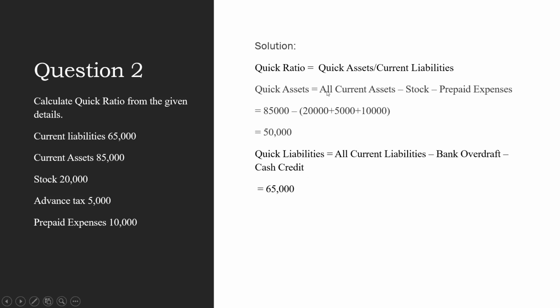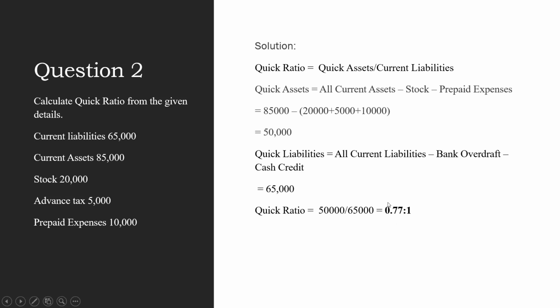Now we have the value of quick assets and the current liabilities also. Now we will put these values in this ratio. Quick ratio is 50,000, that is the quick assets, divided by current liabilities, that is 65,000. When you calculate this, you get 0.77 is to 1.